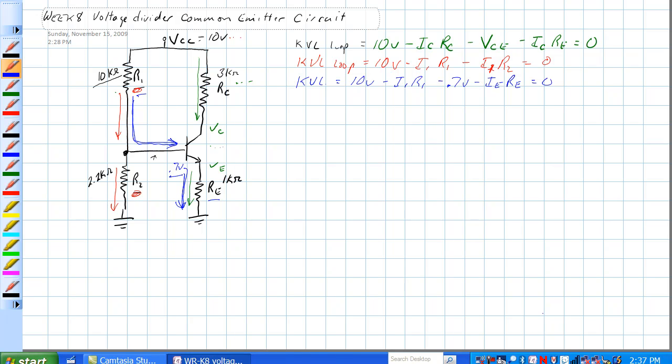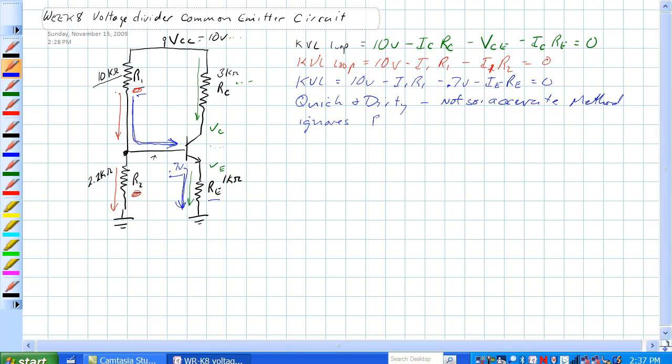Now there are two different ways of figuring out this circuit. Let's try the quick and dirty, or not so accurate, method, which ignores base current.